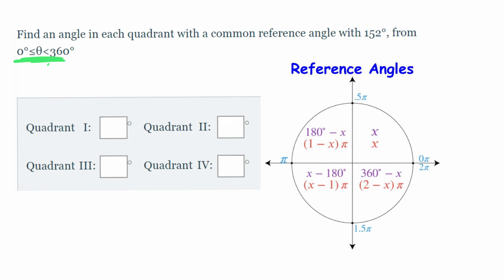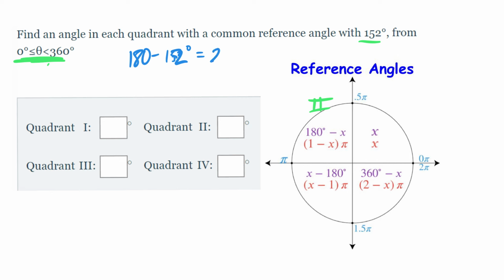So what we're going to first do is figure out what is the reference angle for an angle that is 152 degrees. So if we're talking about 152 degrees, that puts us into the second quadrant. So if we're looking at the second quadrant, what we need to do is take 180 and subtract our angle measurement, which in this case is 152.